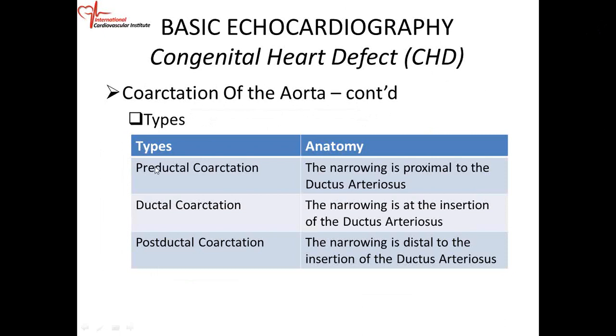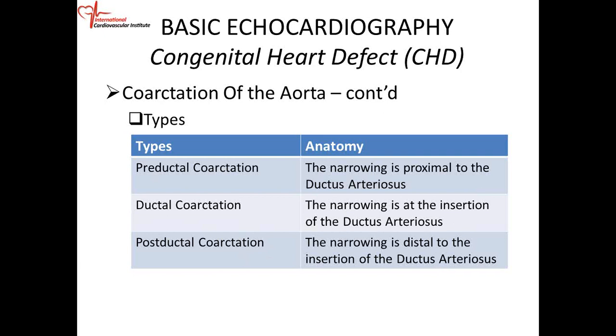Again, the different types: you can have preductal, that is before the ductus, so the narrowing is proximal to the ductus, where the ductus enters the pulmonary trunk. Or it can be ductal, the narrowing is at the insertion of the ductus arteriosus, or it can be postductal, the narrowing is just distal to the insertion of the ductus arteriosus.